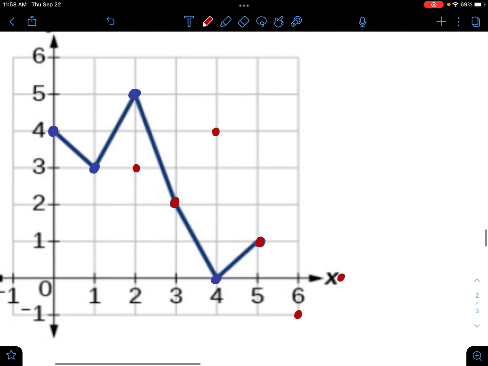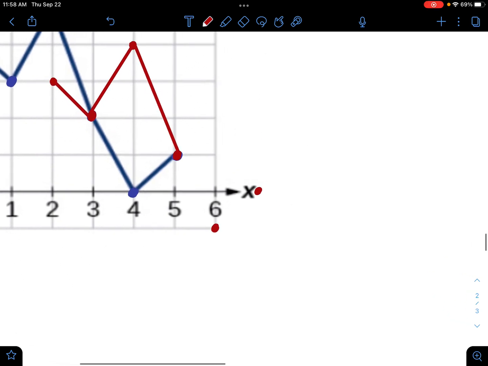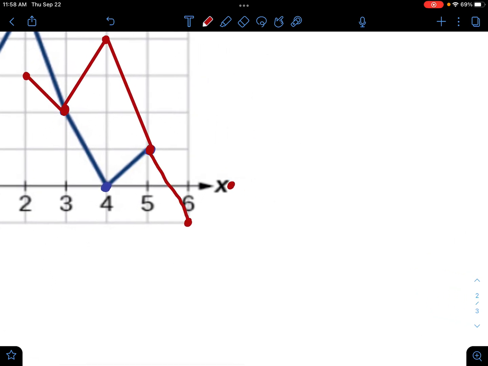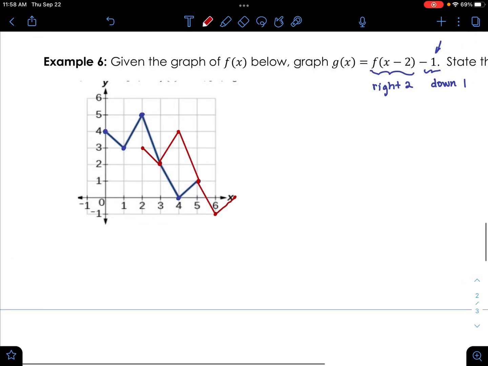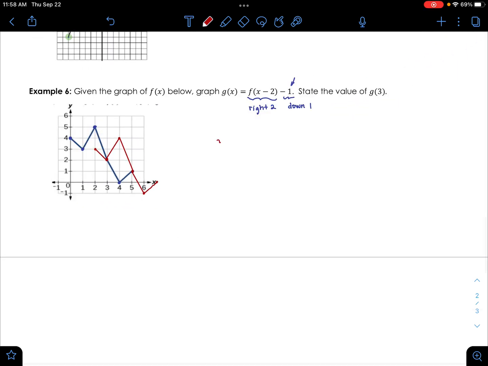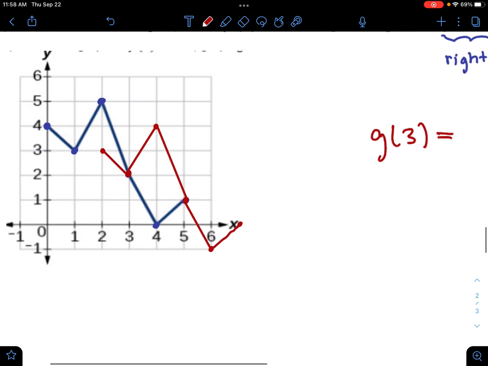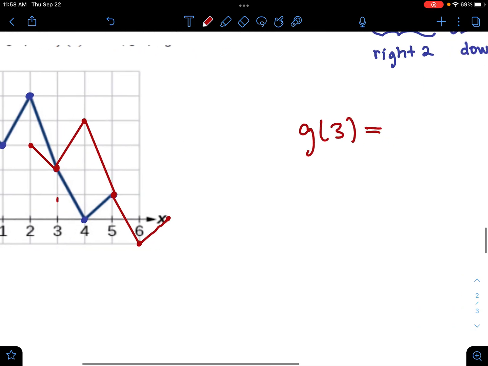So our graph looks something like this. And so the question then asked is, what is g of 3? Well, we found that. So g of 3 would be equal to 2.